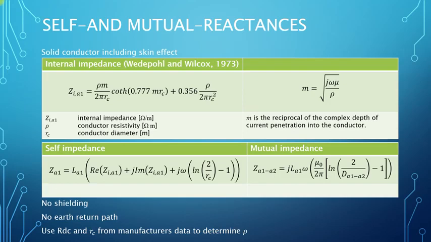We then take this complex number M and substitute it into this equation, which uses the hyperbolic cotangent function, and this equation will give us the real and imaginary parts of the internal impedance.